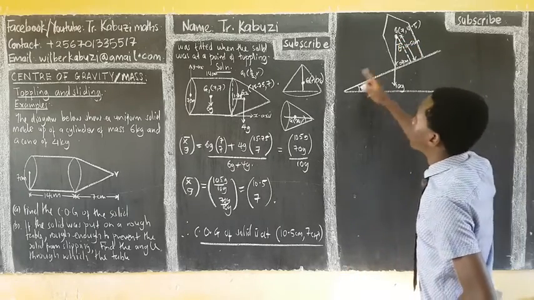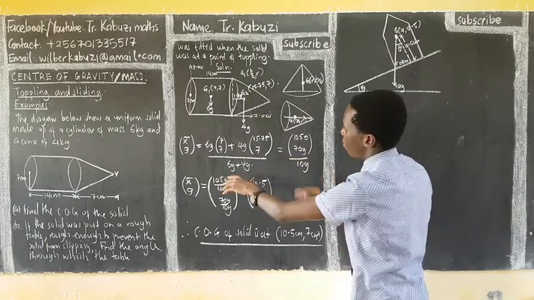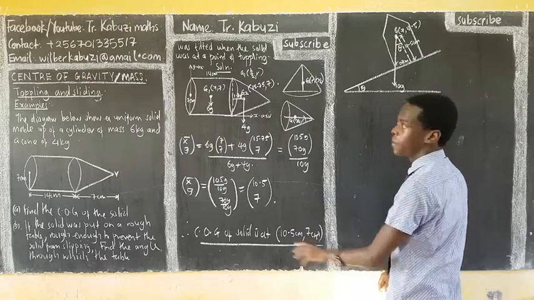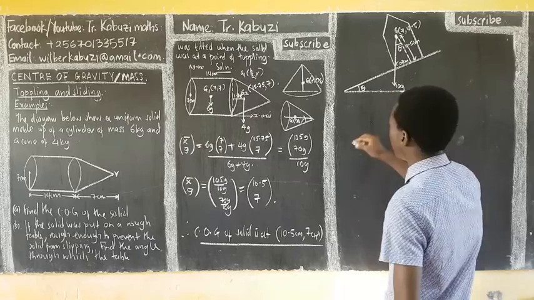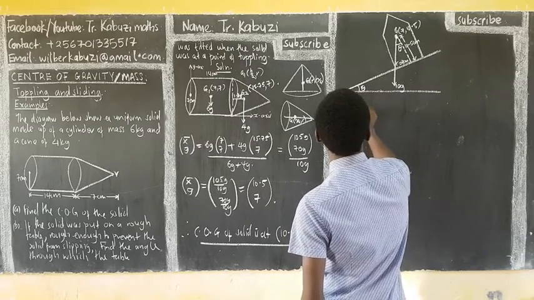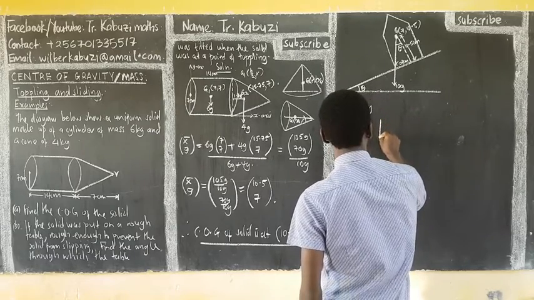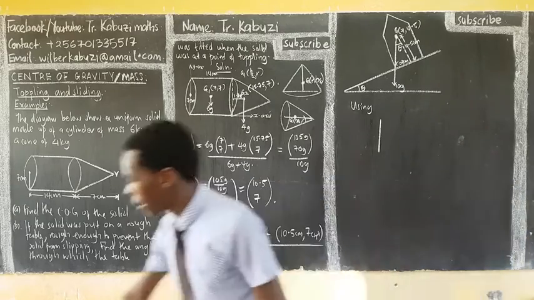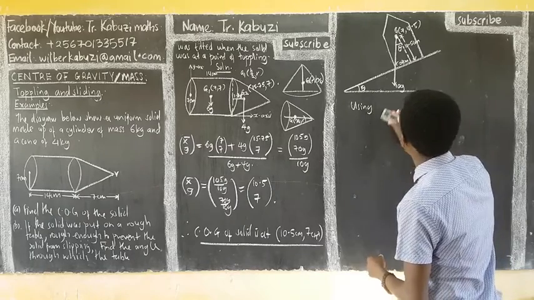The only thing I need to learn here is that when you tilt this upright, the center of gravity is going to change. So from there, we can aggregate using this triangle. Let me pull it out the way it is there.